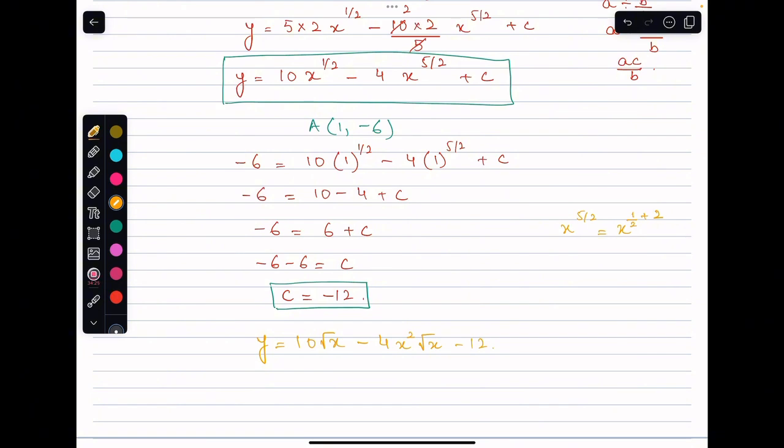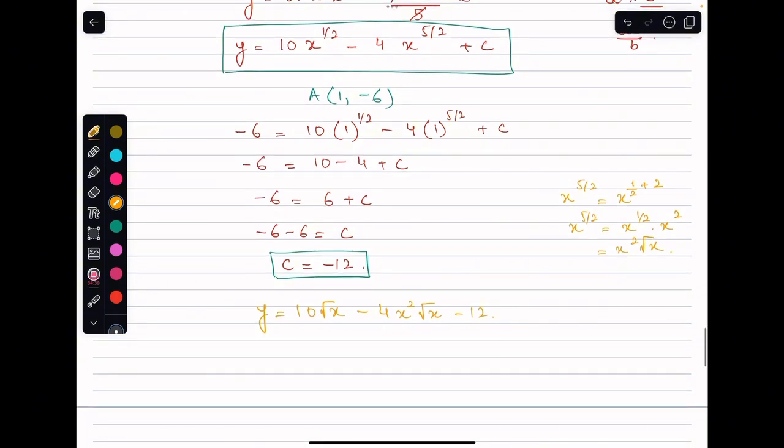So x to the power 5 by 2 can be written as x squared into x to the power 1 by 2, or x squared and square root of x. So this is then going to be the curve equation that we shall be having for this gradient value here, and the point that is given to us as 1 comma negative 6.